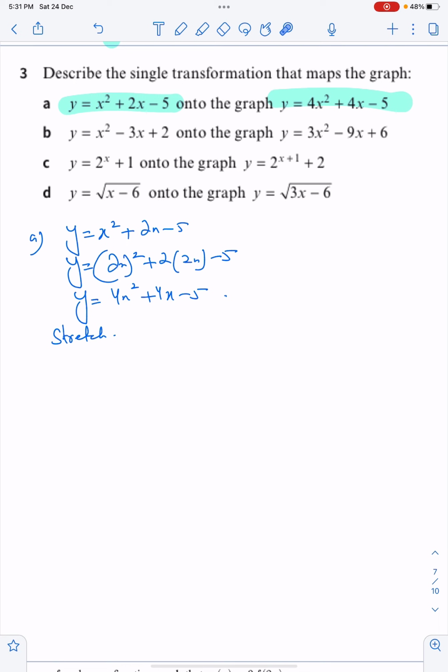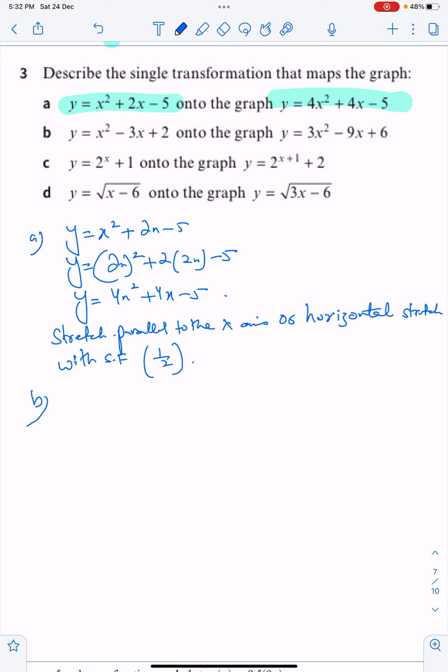It's a horizontal stretch with stretch factor the reciprocal of the number you've written here. Stretch parallel to the x-axis or horizontal stretch, with stretch factor 1 upon 2.